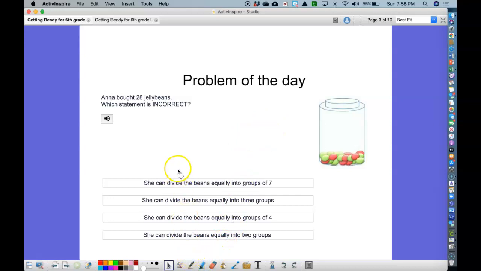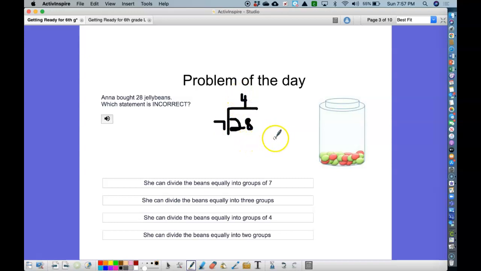So take a minute and think about what you think. But if we take a look at division, let me get my pen tool. And we take 28 and divide it by 7. We can see that 28 divided by 7 is 4.